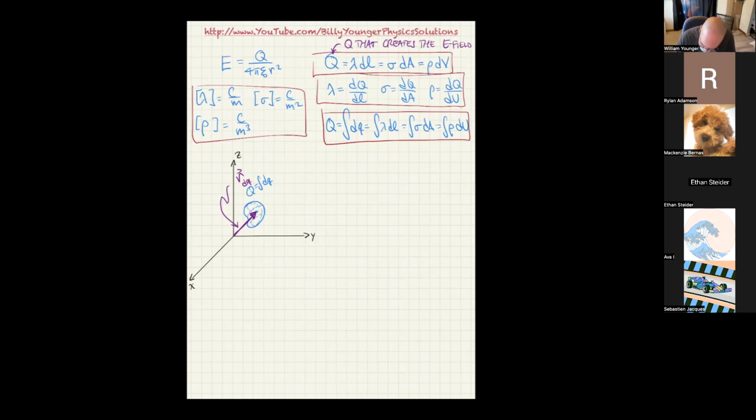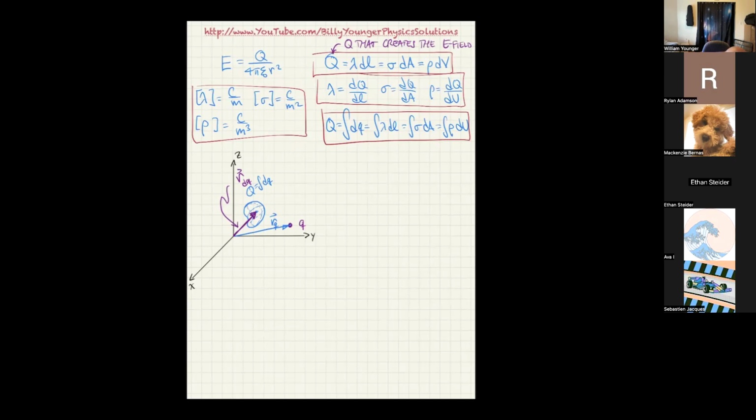Now I'm going to write over here that we have a charge q, and because of that charge q, we have a vector that points to it that is rq.